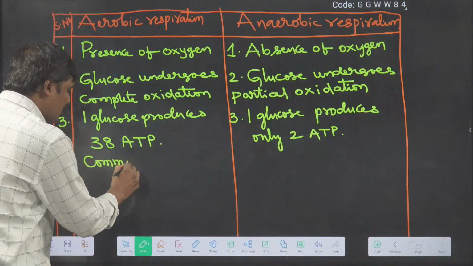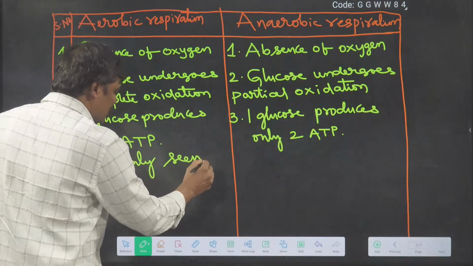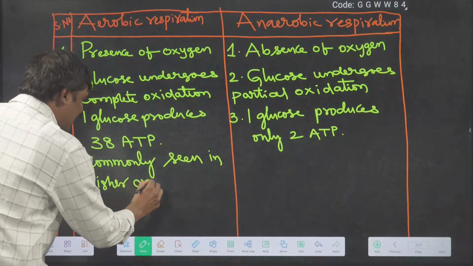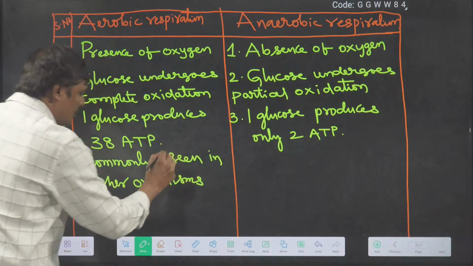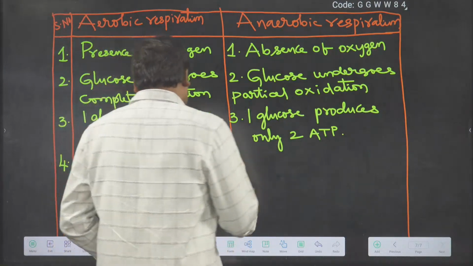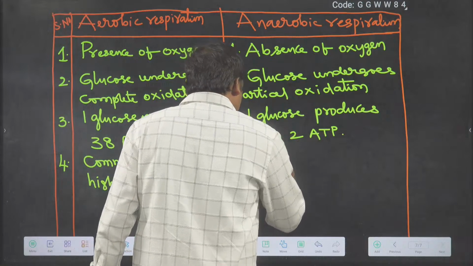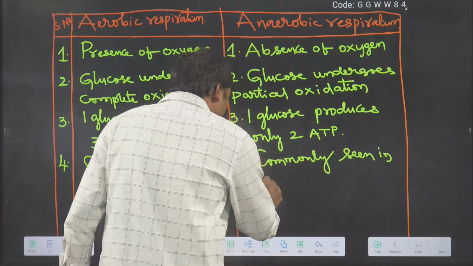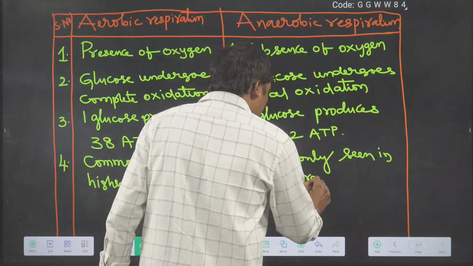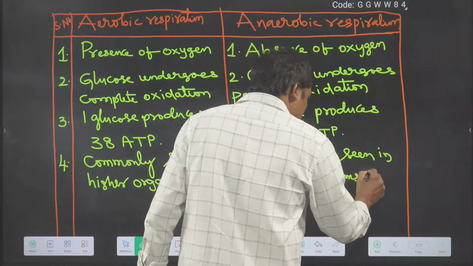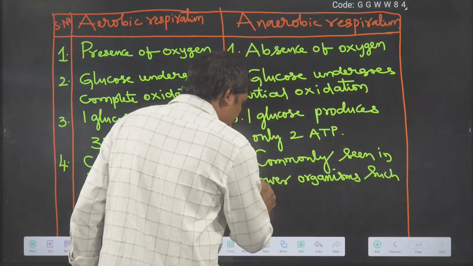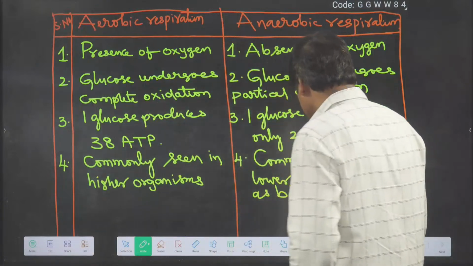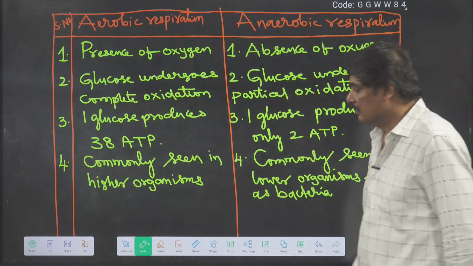Aerobic respiration is commonly seen in higher organisms such as plants, animals, etc. But anaerobic respiration is commonly seen in lower organisms such as bacteria, yeast. Of course, yeast is a eukaryote.